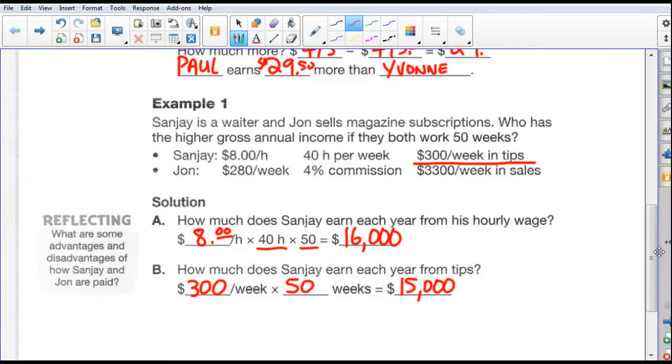So Sanjay is a waiter, and John sells magazine subscriptions. Okay, so he's on commission. So he gets a base salary of $280 per week, and he gets 4% commission, and he makes $3,300 per week in sales, probably on average.